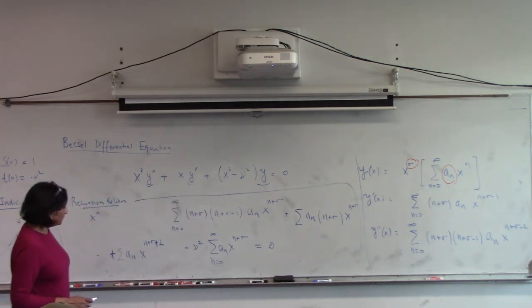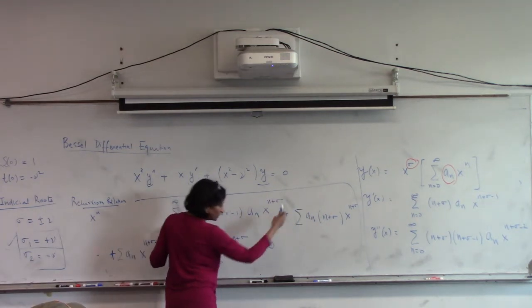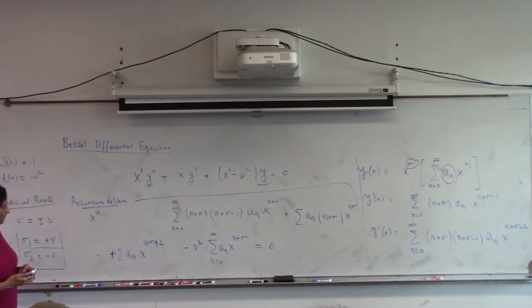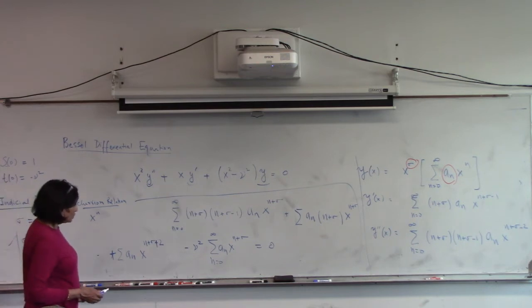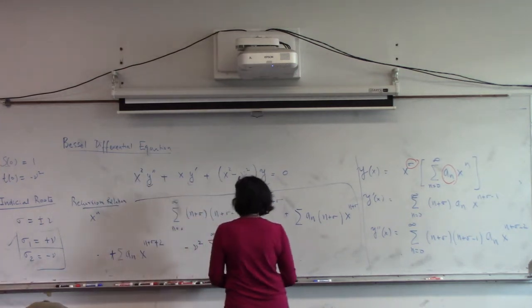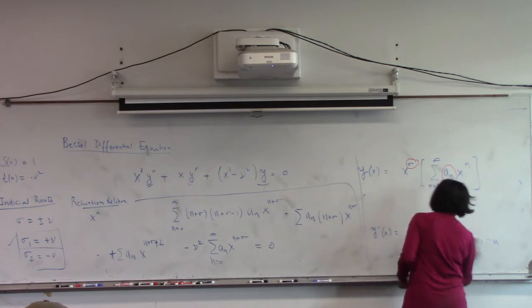Okay, now x to the power of sigma is common and doesn't depend on n, so we can pull it out in some sense. So what we normally compare is the power of x to the power of n. You can compare x to the power of n plus sigma also, it doesn't matter. It will give the same thing. So let us try to do that, and what do you get? What's the recursion relationship?